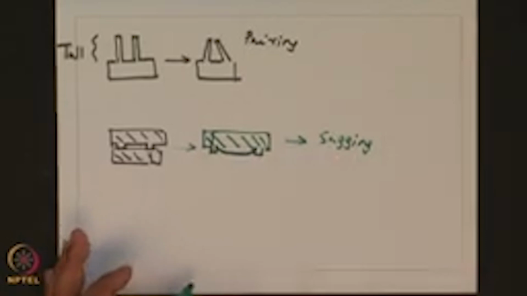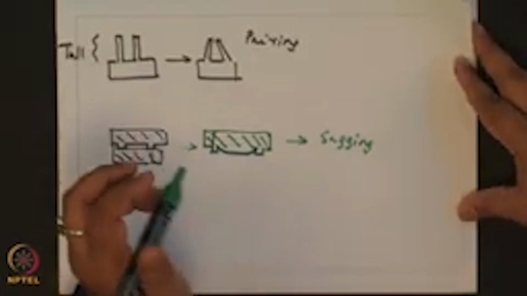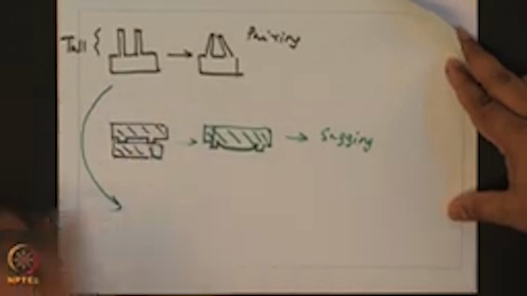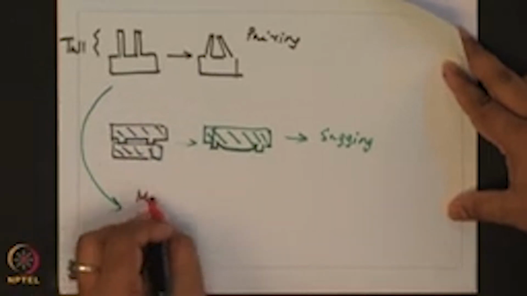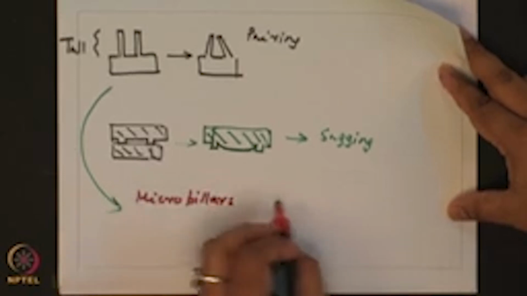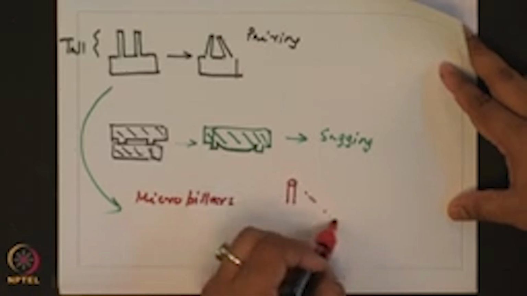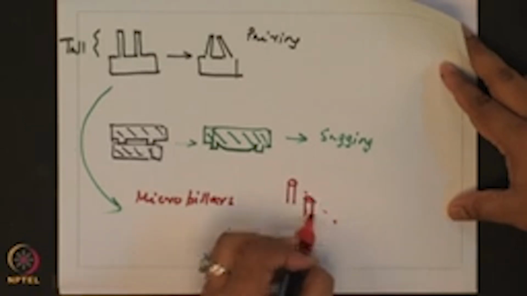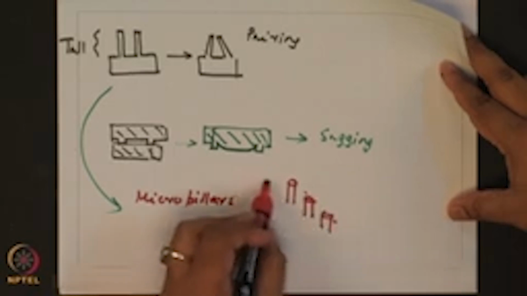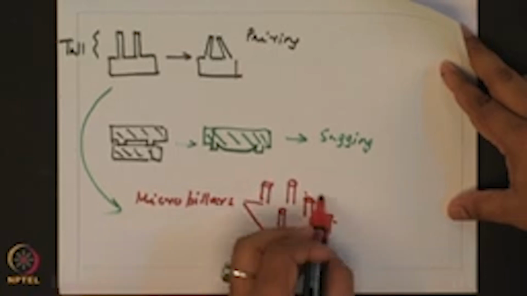So, using PDMS, people have optimized the composition of the PDMS that they use, and you can use this very well for getting micro pillars. In other words, if I were to draw it in a 2D fashion, this is what you will have. Similarly, you will have these kinds of patterns on a 2D plane.